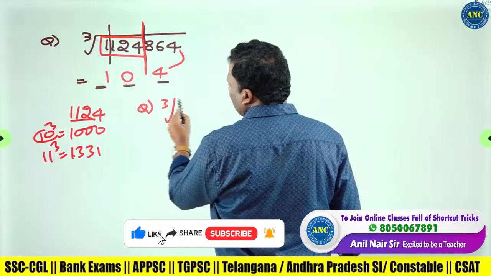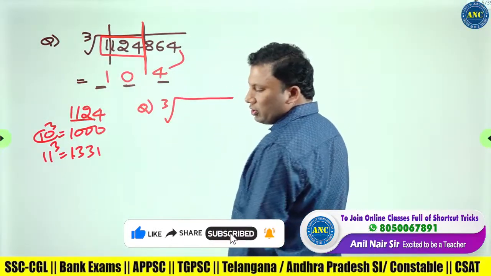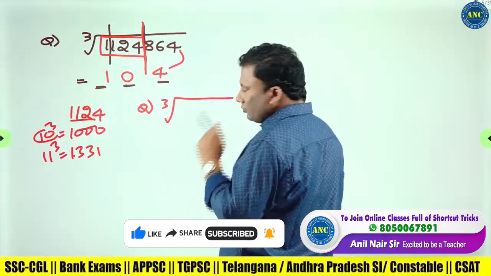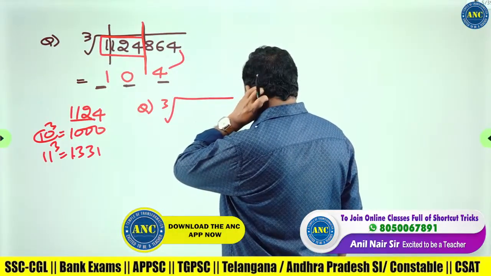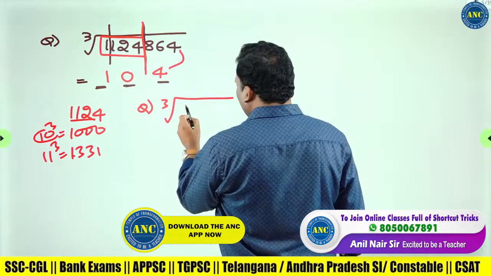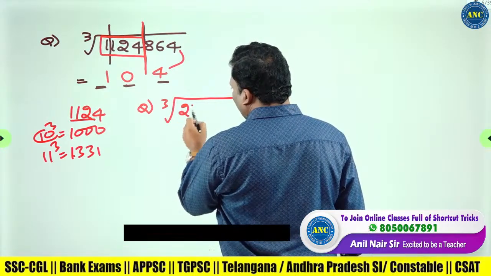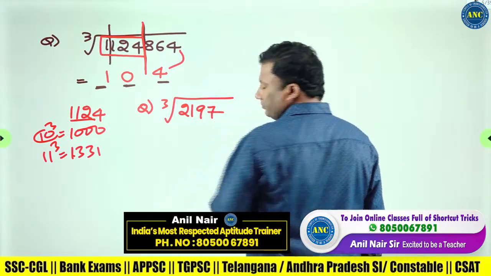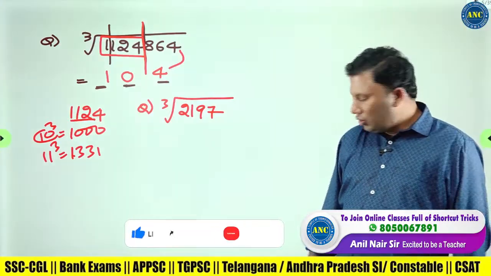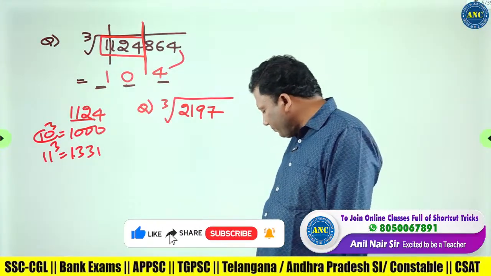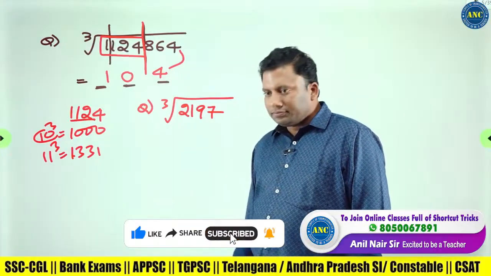Please solve these questions. I hope this idea is clear. Cube root of, for example, 2197. Try to solve. Make it fast.